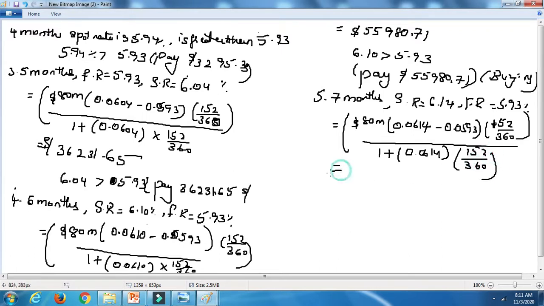So here how much will it come to? $69,140.9.